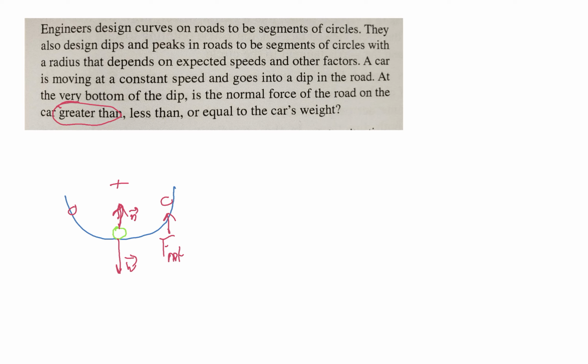So we have this alignment along the axis, and that gives us the F net aligned with those vectors. And so therefore we can say the normal force vector is longer than the weight vector, and so the normal force is greater than the weight of the car.